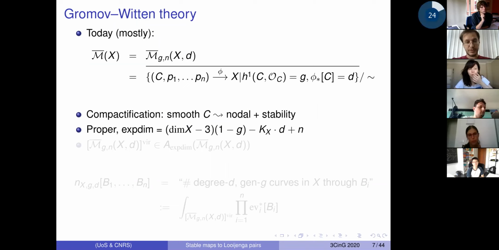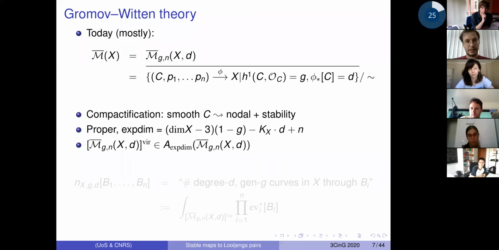This moduli space is a proper Deligne-Mumford stack with expected dimension equal to the dimension of the target variety X minus 3, times 1 minus the genus of the source curve, minus the intersection of the class of the image of the curve with the canonical class, plus n.